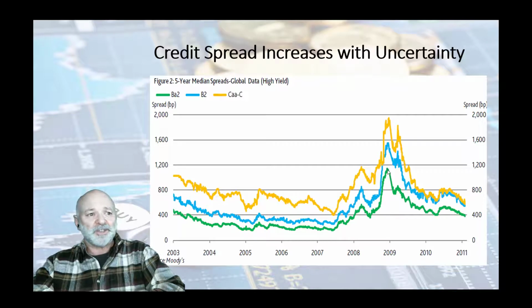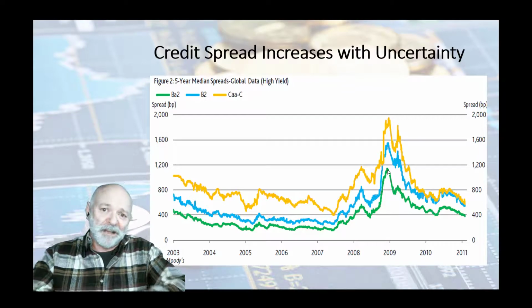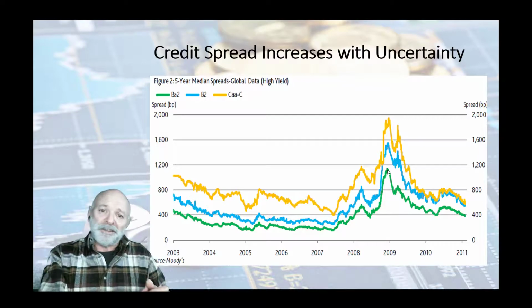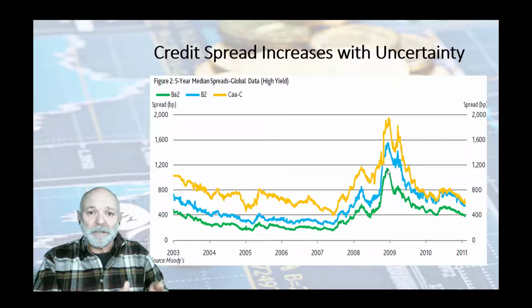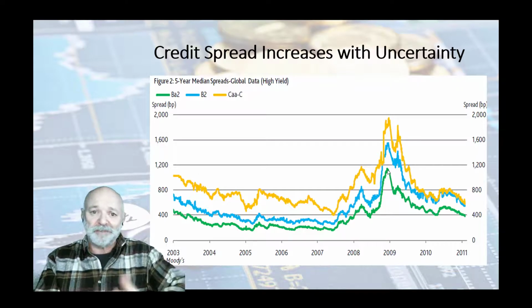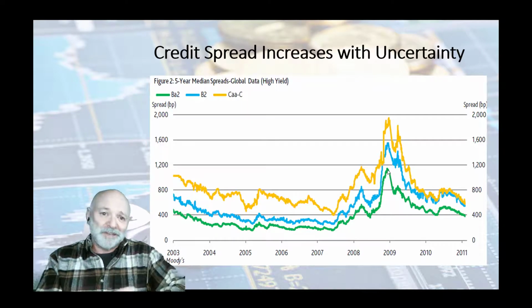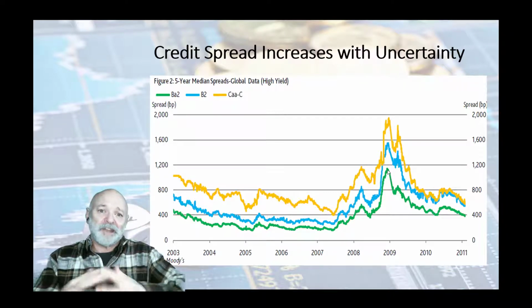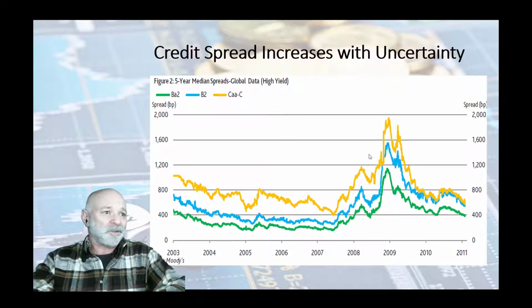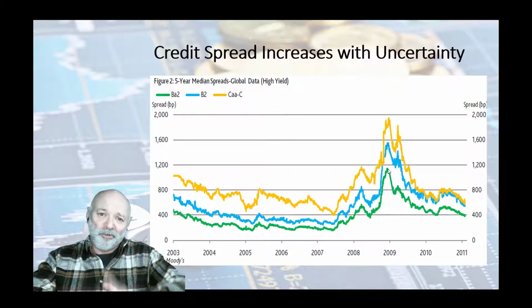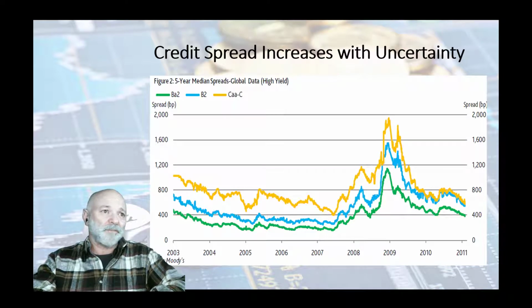But in 2008, 2009, when we had the financial crisis, people were dumping their BB rated junk bonds, and then they were using the cash to buy A-rated and BBB rated bonds. And so that was putting pressure, driving down the price of these bonds and driving up the required yield. And that's why we see by 2009 the credit spread went from about 400 basis points to about 1,100 basis points in 2009.